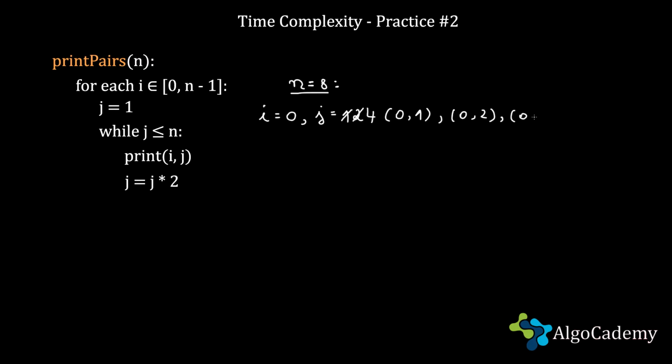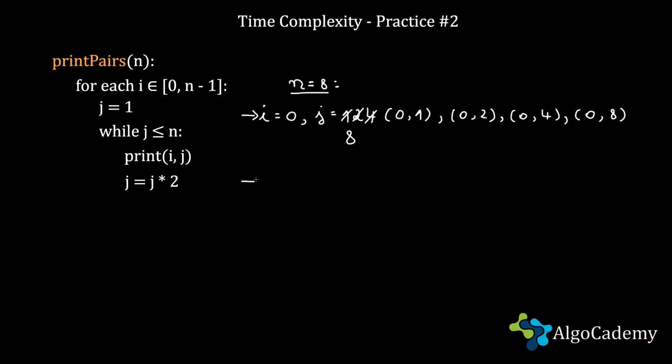We print 0, 4. j multiplied again by 2, so j becomes 8, and we print the pair 0, 8. And now this is the final moment, as j becomes 16, which is no longer less than or equal to 8. So for i equals 0, we had 4 different values of j and ultimately 4 pairs that we have printed. Cool.